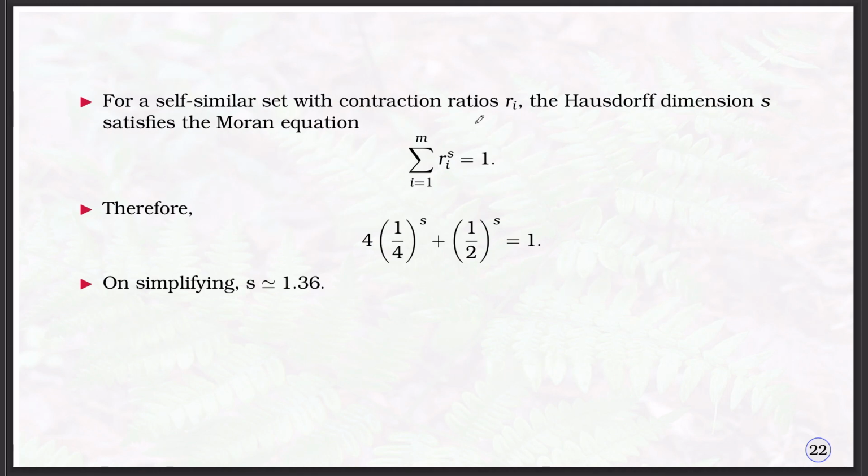For a self similar set with the contraction ratios Ri, the Hausdorff dimension S satisfies this Moran equation, summation i equal to 1 to m Ri power S equal to 1. So, if we solve this equation, one can get the dimension is 1.36.